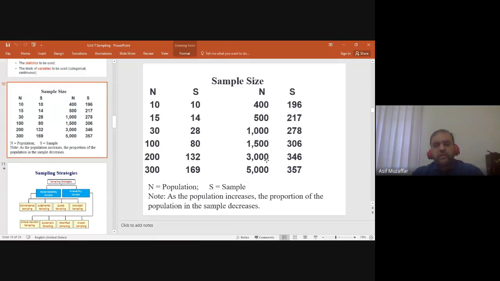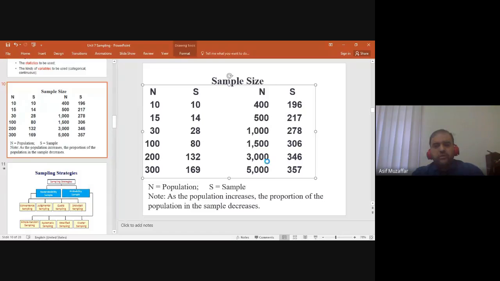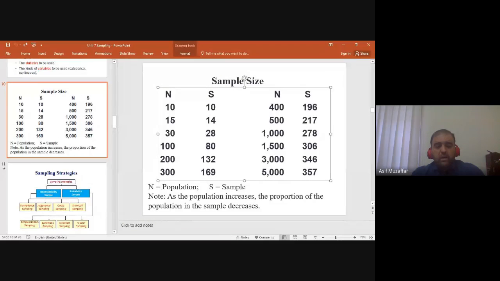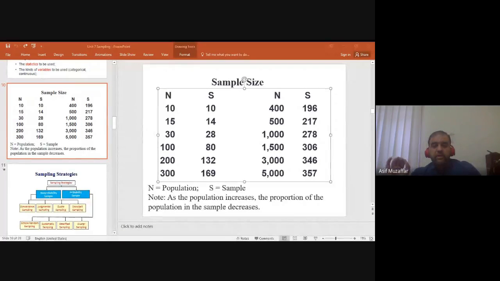So more than 250 is okay. I will only collect information from the female students. Or out of these 250 students, 230 will be female students, only 20 will be male students. Is it okay?